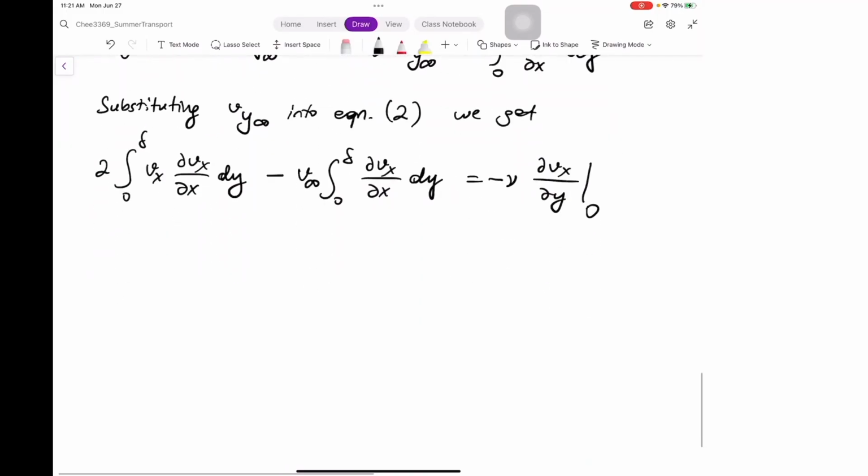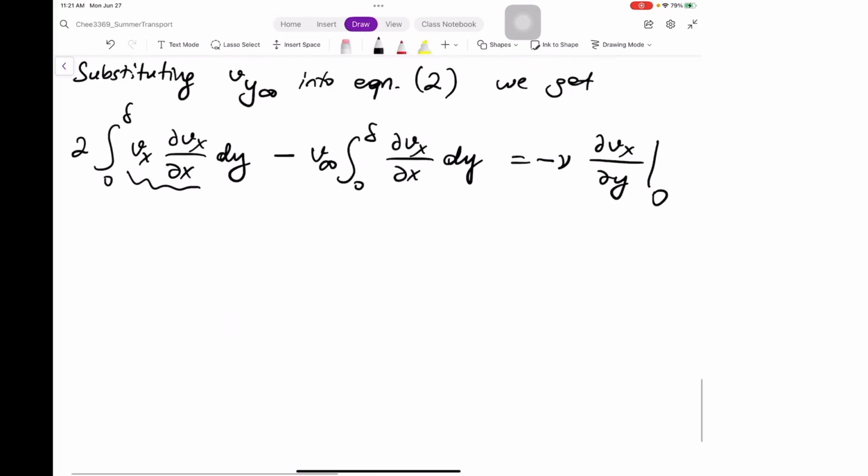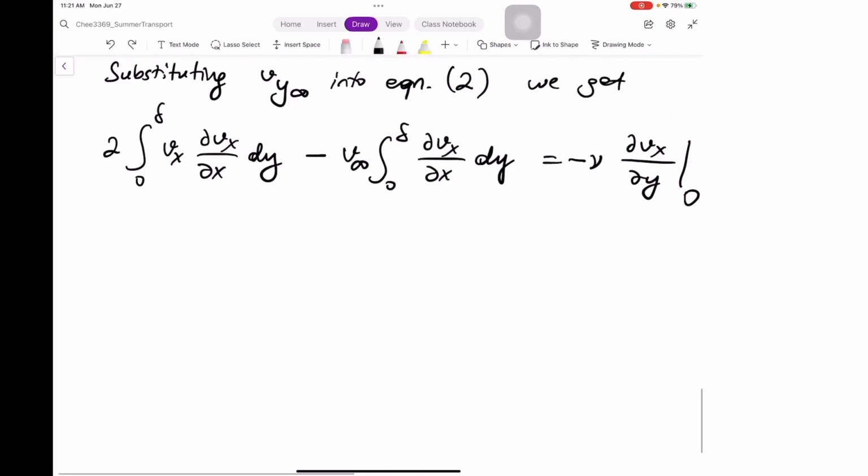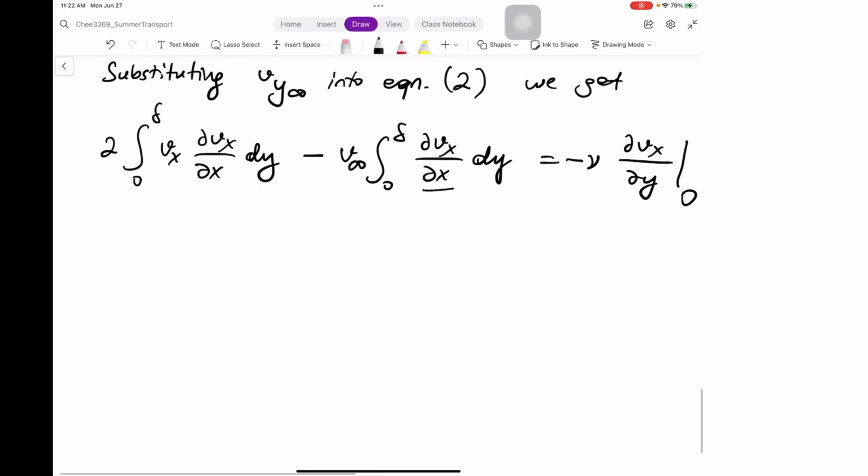From here, you can have a look at this thing, Vx times the derivative of Vx. Actually, 2 times Vx times the derivative of Vx. It's basically the derivative of the Vx squared, right? And you have another del over del x. So basically, you can collect all the terms under the integral from 0 to delta, since dy is common in all.